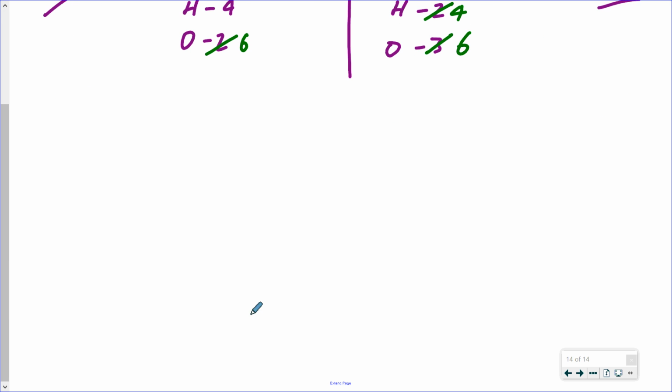Just one more that'll add the final little bit of a twist for combustion reactions. This one here I'm going to use ethanol, C2H5OH. This is an alcohol, and it is the alcohol that you find in alcoholic beverages. It burns. When it burns, of course, it needs oxygen gas.